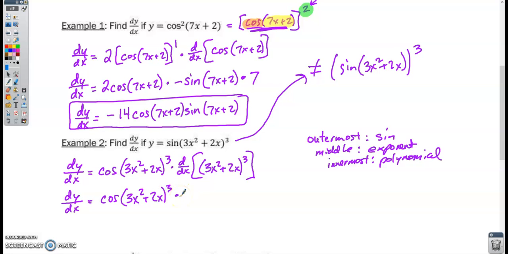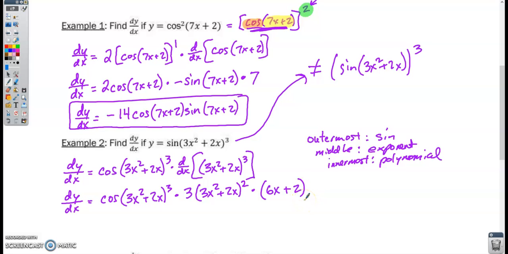Now we're going to take the derivative of the outside, leaving the inside the same. Now the outside is that exponent, so it's going to be 3 times the quantity to the second, times the derivative of the inside. The derivative of the inside of this is 6x plus 2.